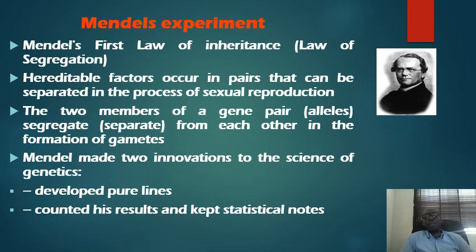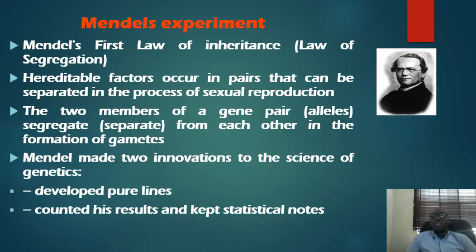Now let's take a look at Mendel's first law of inheritance, known as the law of segregation. At the time of Mendel, the word gene was not yet being used, so he called them hereditable factors. And it says that these factors occur in pairs that can be separated in the process of sexual reproduction.